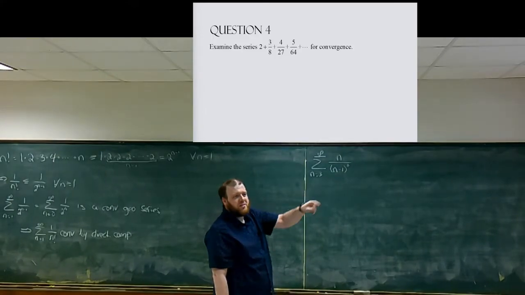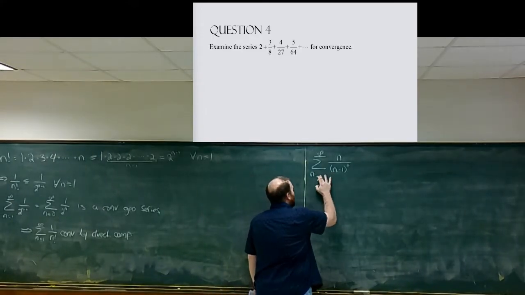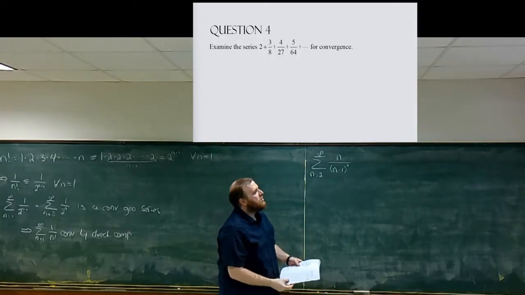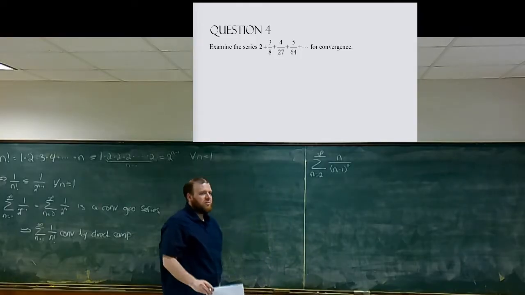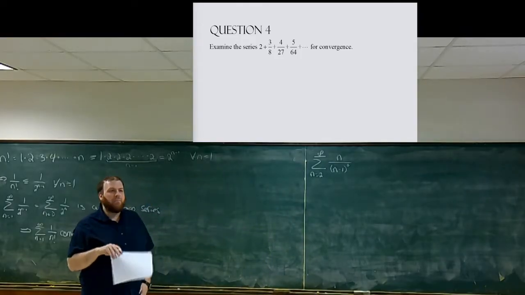What should the first term be? 2. So it starts at 2. Check that. Yeah, 2 over 1 cubed is 2. That would work. Again, that's not the form I'm going to use.